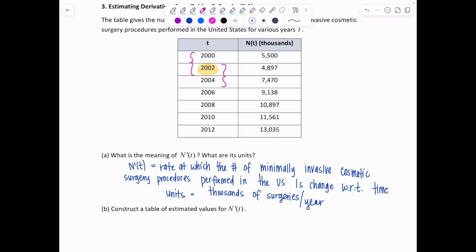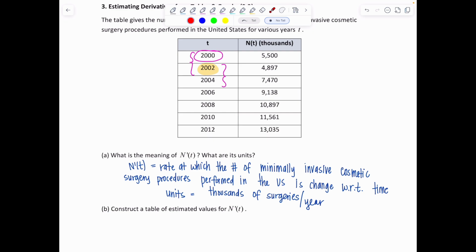And we're just going to do that over and over and over. What do you do when there's no values below it and you don't have an interval on the other side? You just use the average rate of change to estimate the instantaneous rate of change.